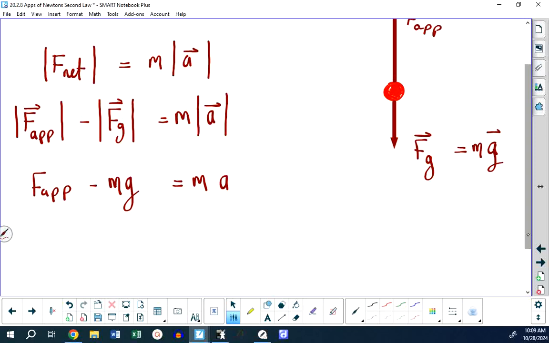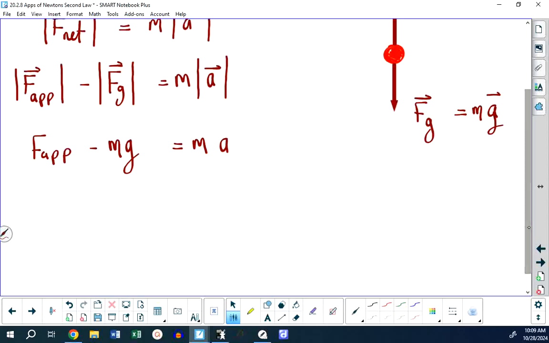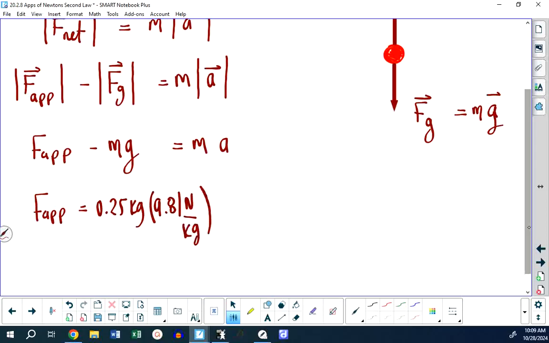Let's put in the numbers. Rather than rearrange it, well, it doesn't matter. We could rearrange it, but I'm not going to. The applied force equals the mass, which is 0.25 kilograms, times 9.81. And I would prefer if you put units of newtons per kilogram whenever you write g.